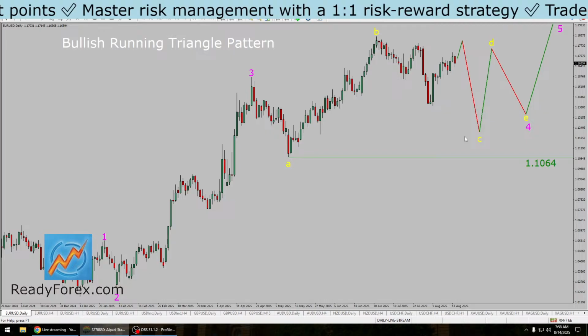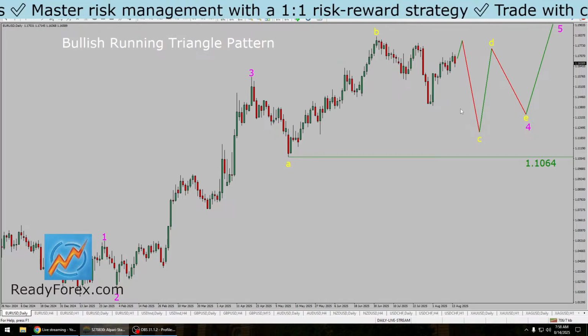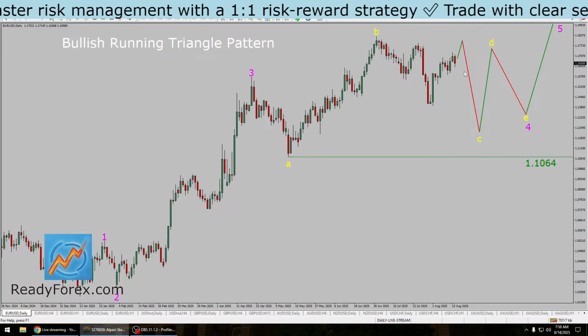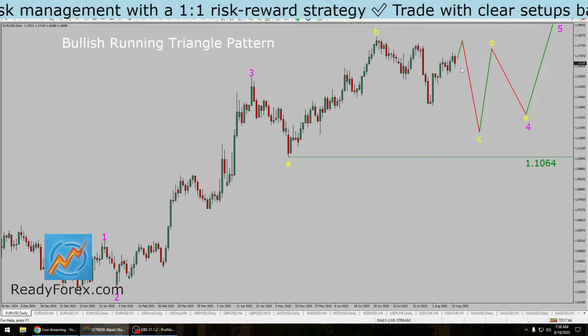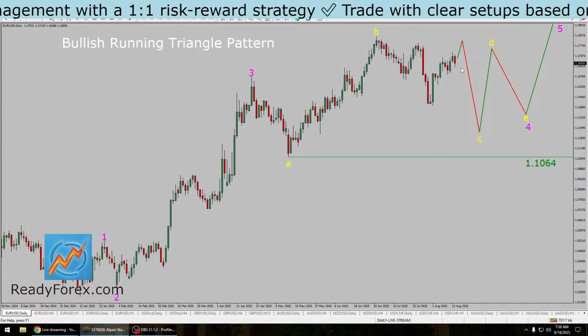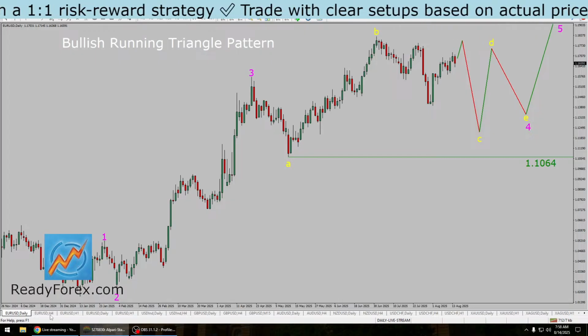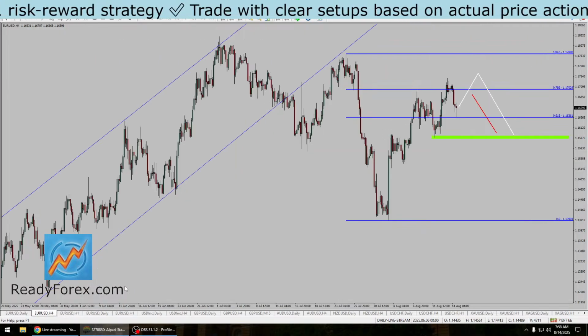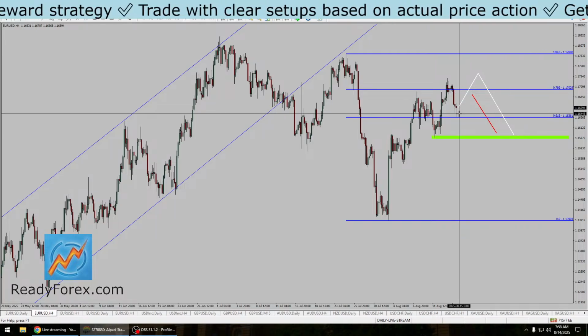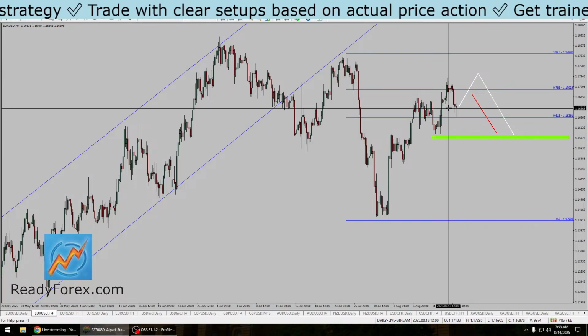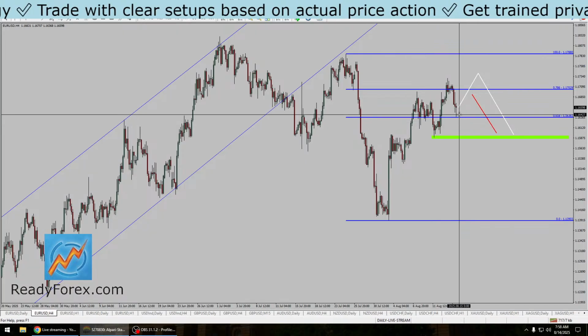Okay, so let's go back to market analysis. So regarding the euro dollar currency pair, the way I see it, price action is probably going to move sideways, and we might get a bullish leg over here. Okay, so this is the area which is probably going to provide some sort of support.